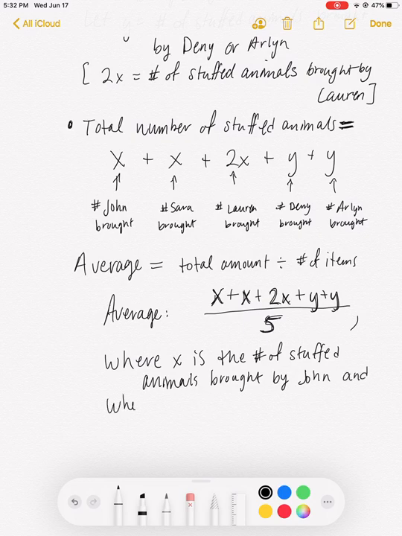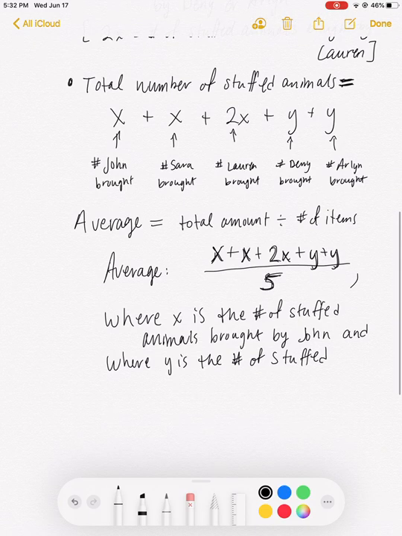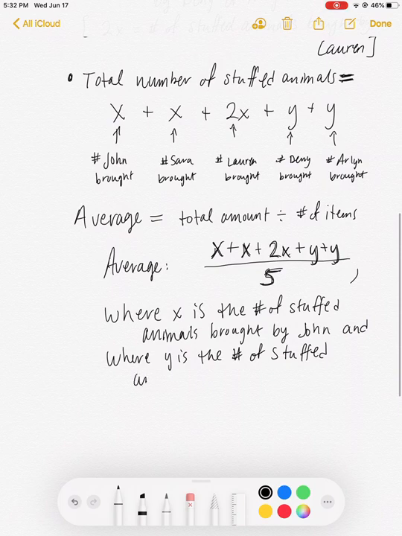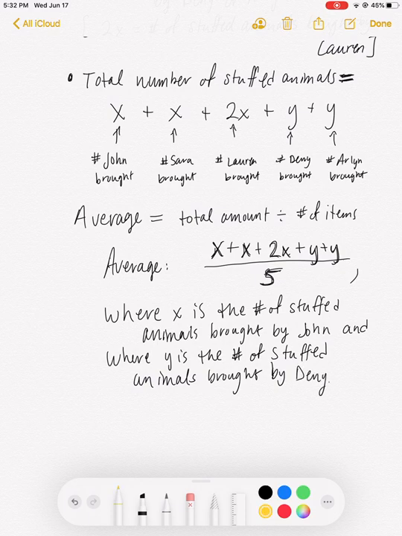And where y is the number of stuffed animals brought by Denny, and by consequence Arlen. Okay, so that's sufficient for this one.